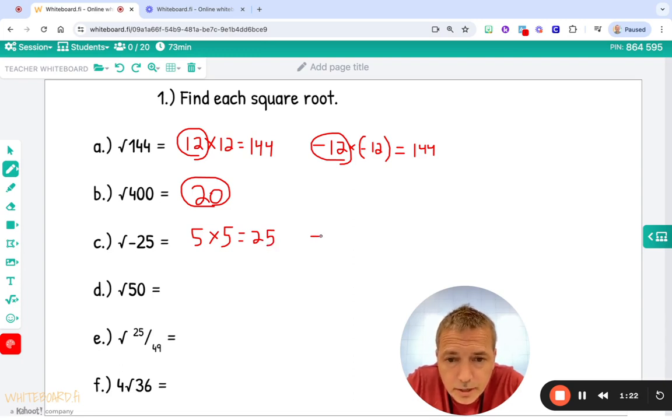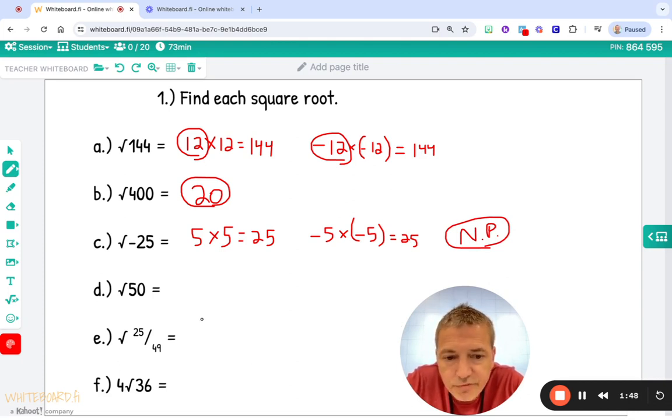And we know that negative 5 times negative 5 is also positive 25. That didn't work. The only way to make negative 25 would be to do negative 5 times positive 5. That's not the same number, right? So this one I say is not possible. You can't do it. So I put NP, not possible.